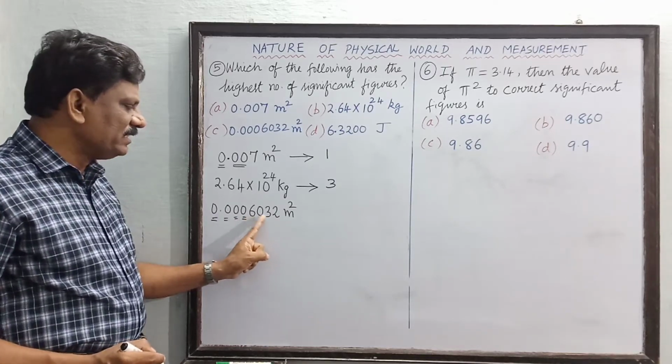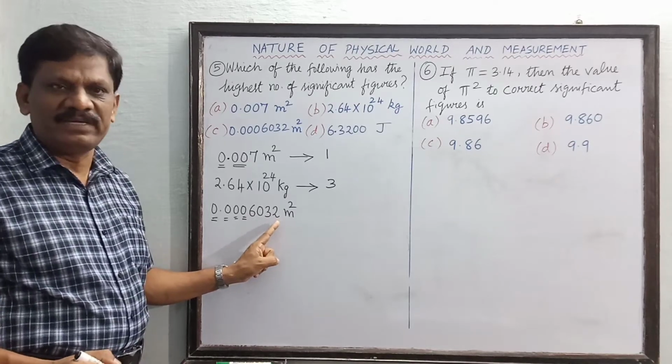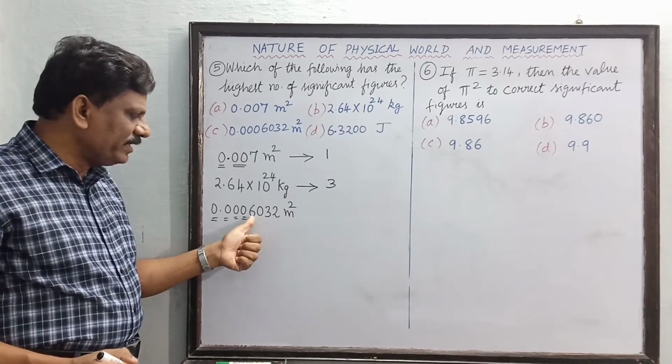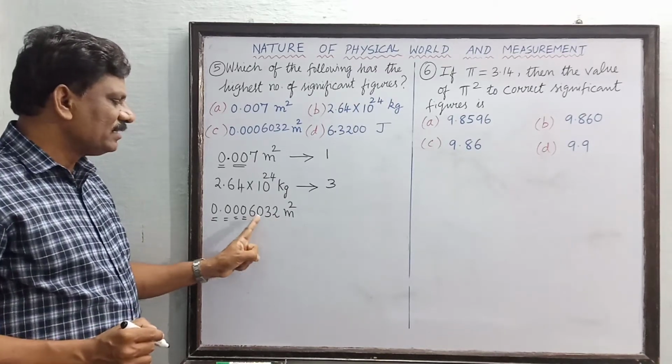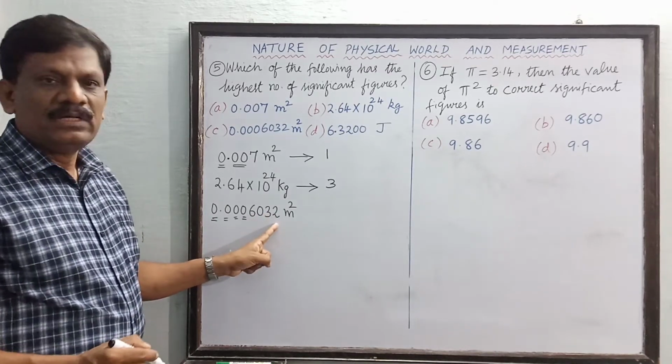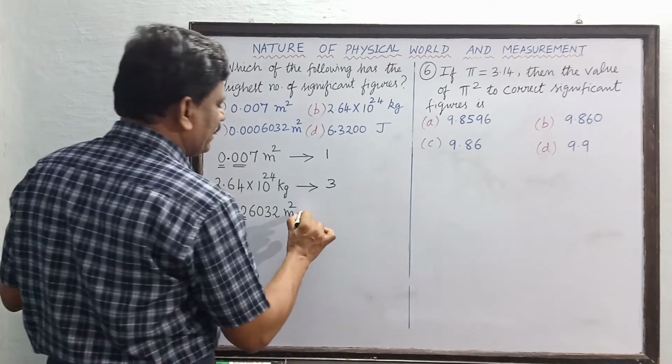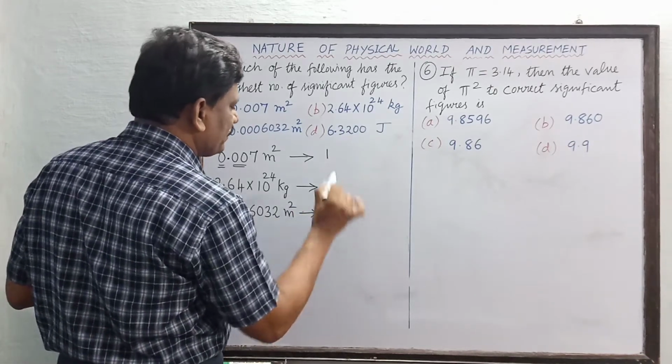The remaining 4 digits 6032 have significance. This 0 between 6 and 3 definitely has a significance. So 6032, 4 significant figures. It has 4 significant figures.